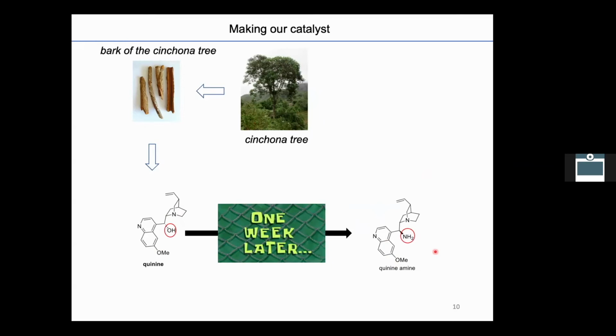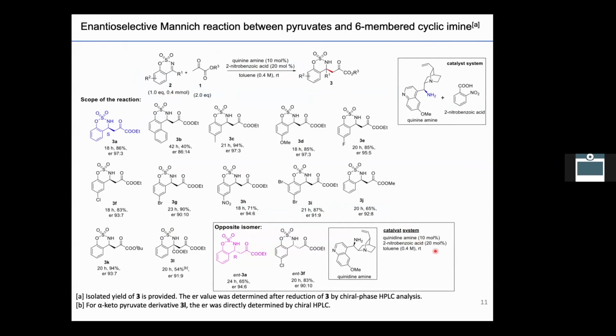And when we introduce this catalyst in our reaction, that was a eureka moment. We found out that using this catalyst, quinine, and with an acid, we can make a catalyst system that could make the corresponding product in very high yield, 86%, enantioselectivity 97:3, which means if you want to make 100 of this molecule, 97 will be S and 3 will be R. So the selectivity is almost like an enzyme, but this is not an enzyme, it's a very small molecule.